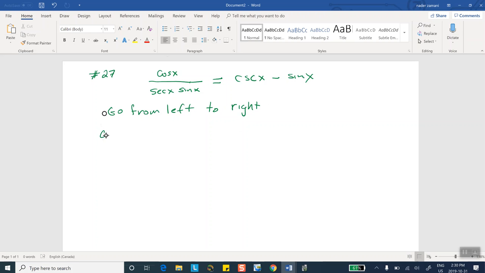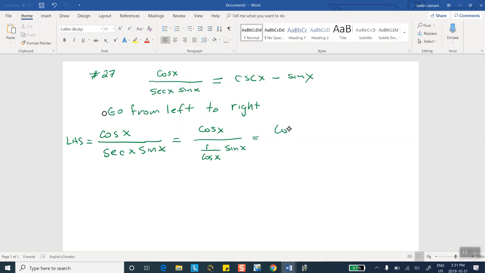So we have cos x divided by secant x sine x. I'm starting with the left hand side, and I'm trying to force my way to the right hand side. Now remember, secant is 1 over cosine, and of course sine x stands.